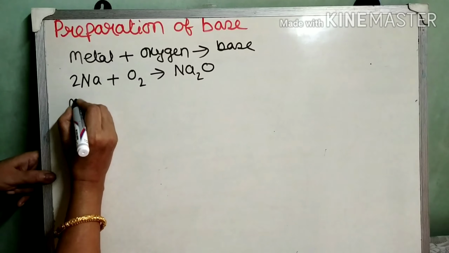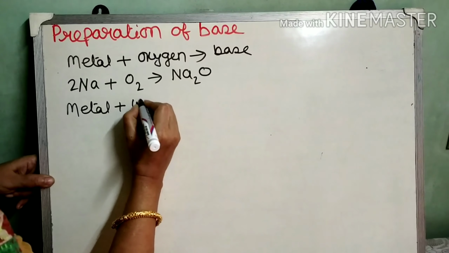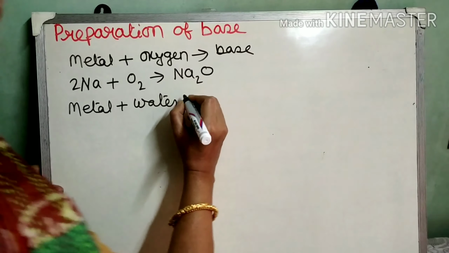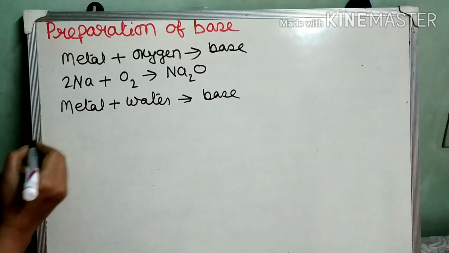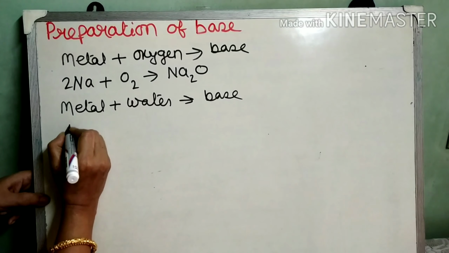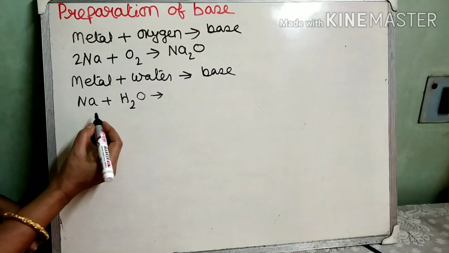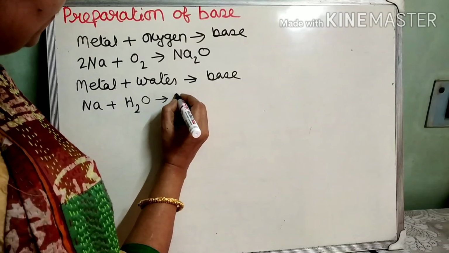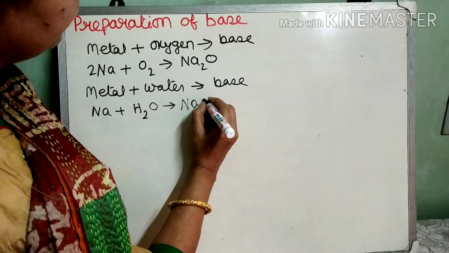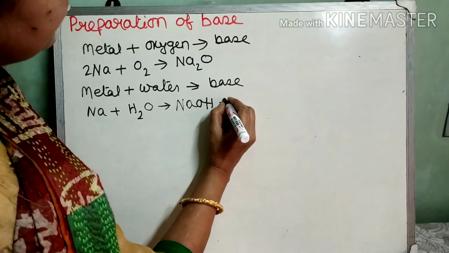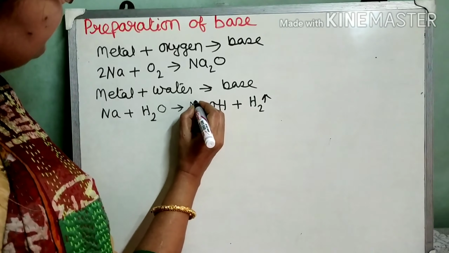When metal reacts with water, a base is also formed. See example, Na plus H2O gives NaOH plus hydrogen gas.